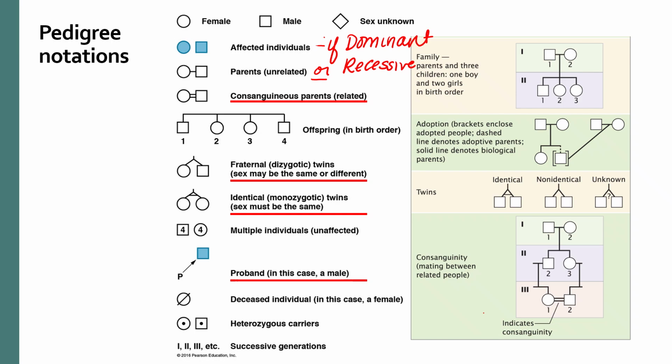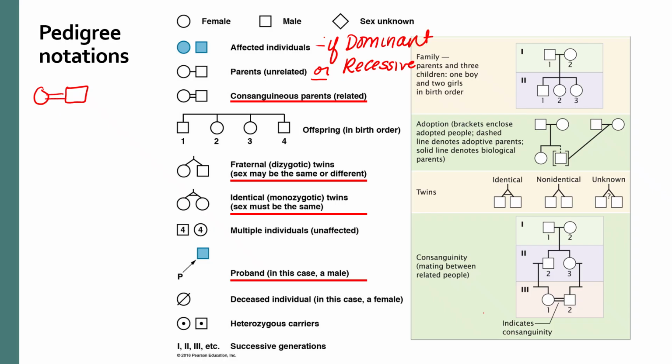We may see individuals connected by a line in the center. This could mean that they were married. It could just mean that they have children together. And then a line coming down is going to represent all of their offspring. If we've got a double bar in the center, that indicates a close relationship.